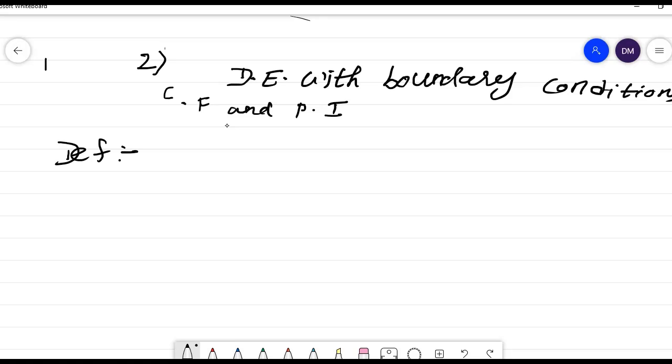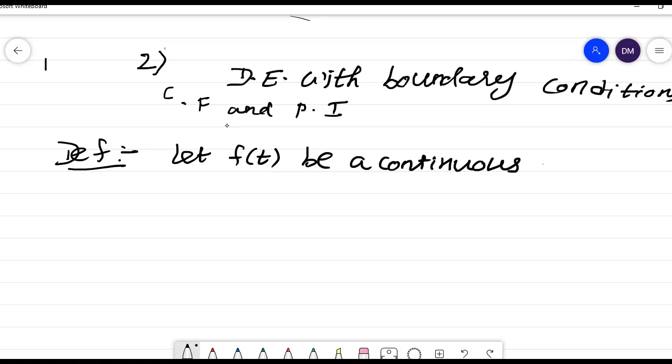Now we have to know the definition of the Laplace transform. So what is the definition of the Laplace transform? See, let f of t be a continuous function, and defined for all positive values of t.